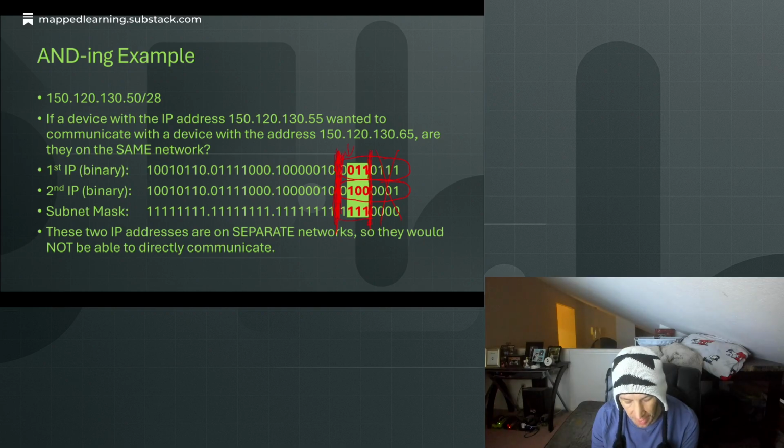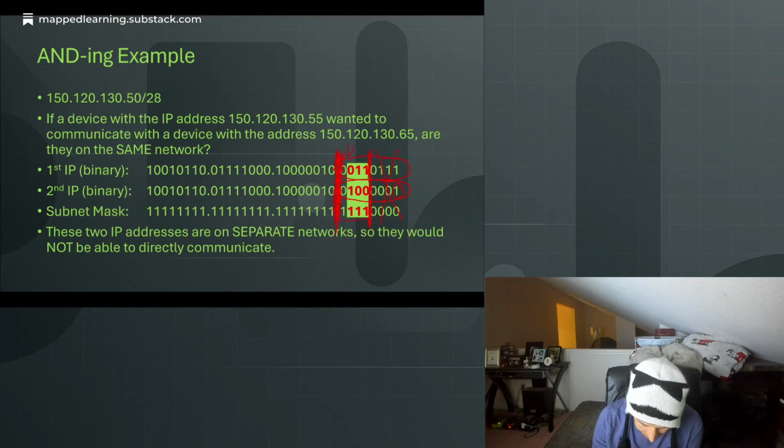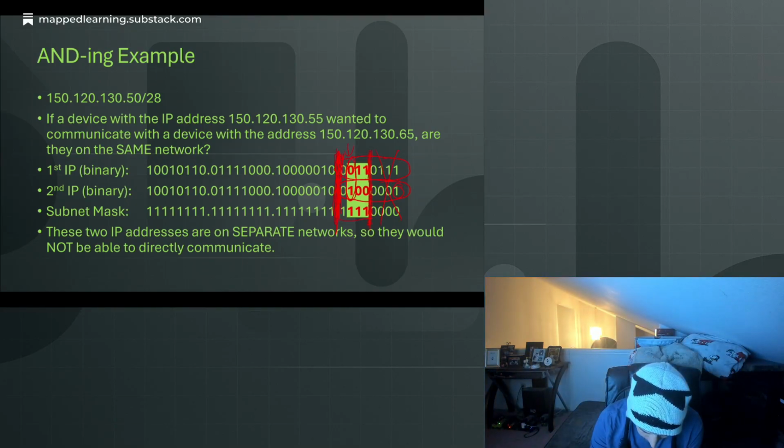To make 65, we take 64 plus 1. With 55, it's 110111, and all of those added together equal 55. But the difference is this binary bit right here, the second to the left. And because those 2 bits are different, they are on different networks.